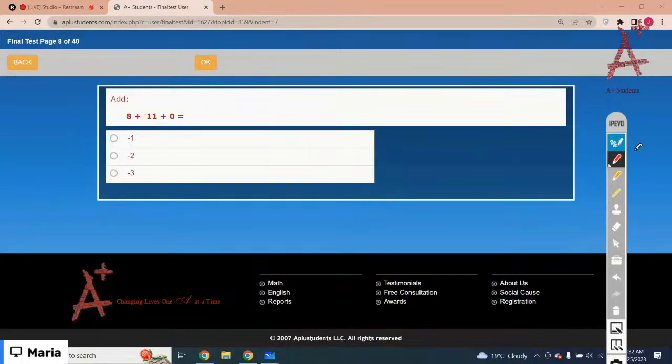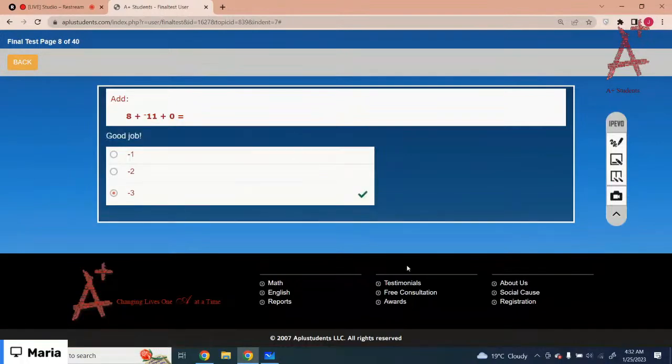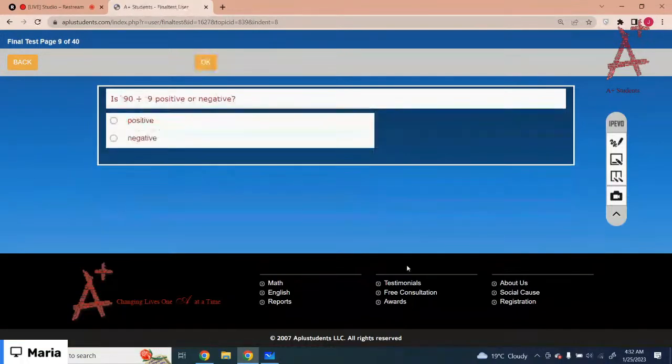Okay, let me just select the correct option. Okay, the next one is -90 divided by -9. So you need to see if the answer is positive or negative. Both the numbers are negative. Got it?